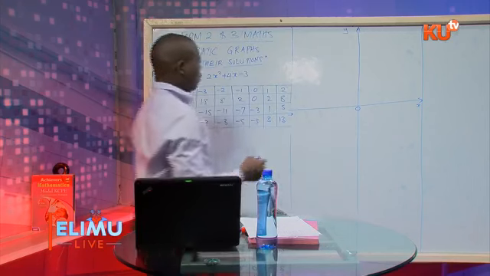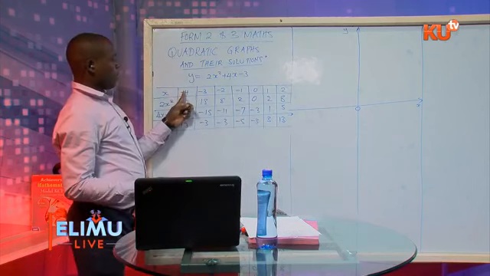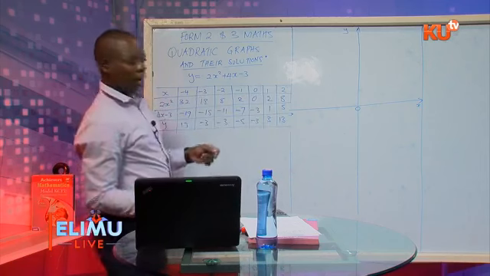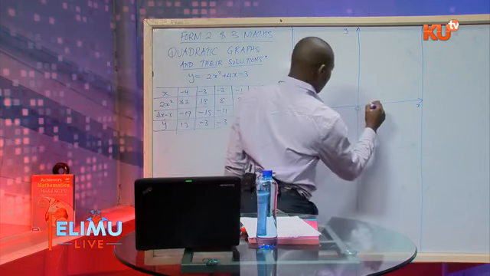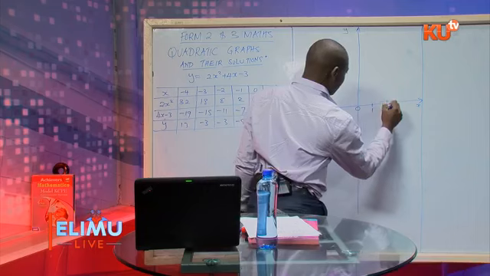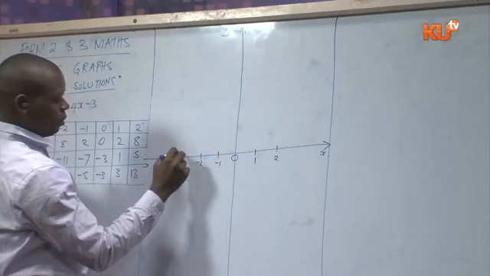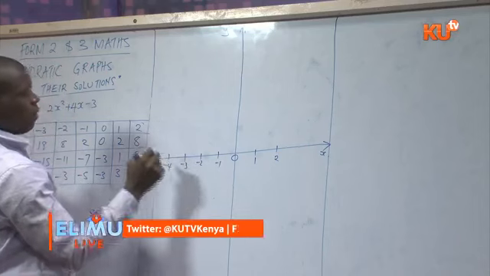And this is 0. Now using the values that we have, x is from negative 4 to 2. So the difference of 1, 1, 1. So we shall have 1, 2, negative 1, negative 2, negative 3, negative 4.